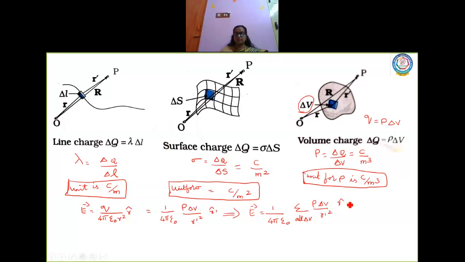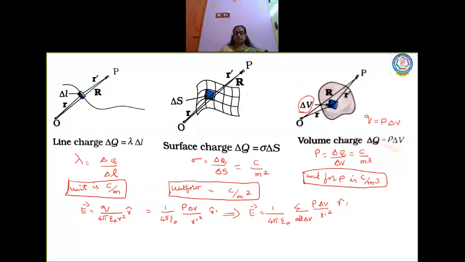Is it clear, children? So using Coulomb's law and also the superposition principle, we can determine the electric field for any charge distribution, whether it is a discrete charge distribution, a continuous charge distribution, or partly discrete and partly continuous.